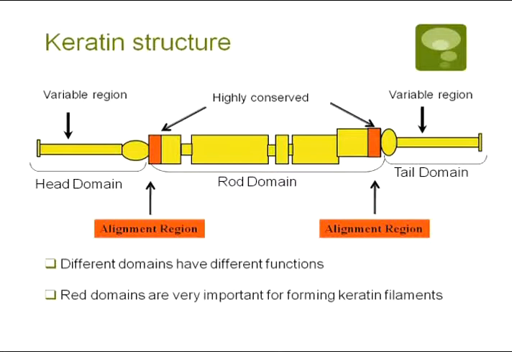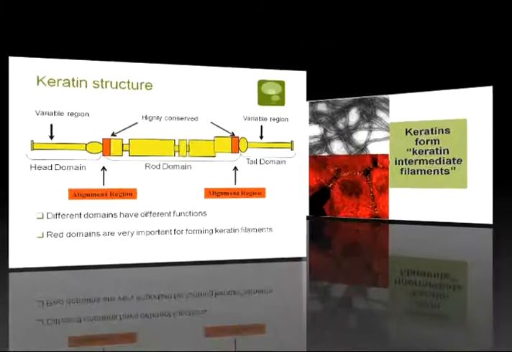The head and tail domains are more variable between individuals and between different species. Each one of those domains fulfills specific functions and has particular importance. And as Francis pointed out, the beginning and the end domains are the ones that are crucial for the alignment and assembly of keratin filaments.